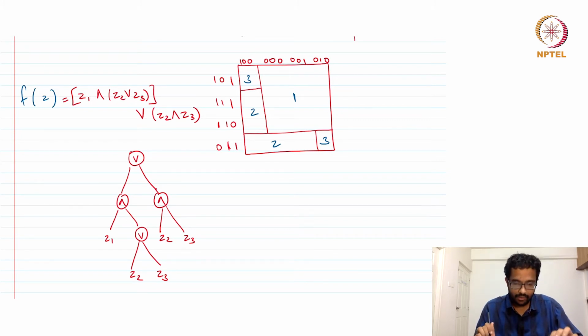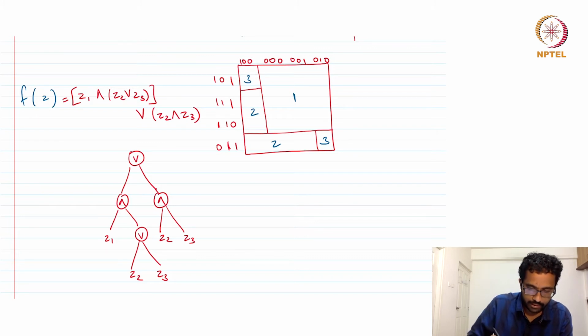Now let's see which inputs give out what. Which are the 1 inputs here? For a 1 input, either z2 and z3 should both be 1, so the second part is 1, which means anything that ends in 1 1. So 011 and 111 are 1 inputs.